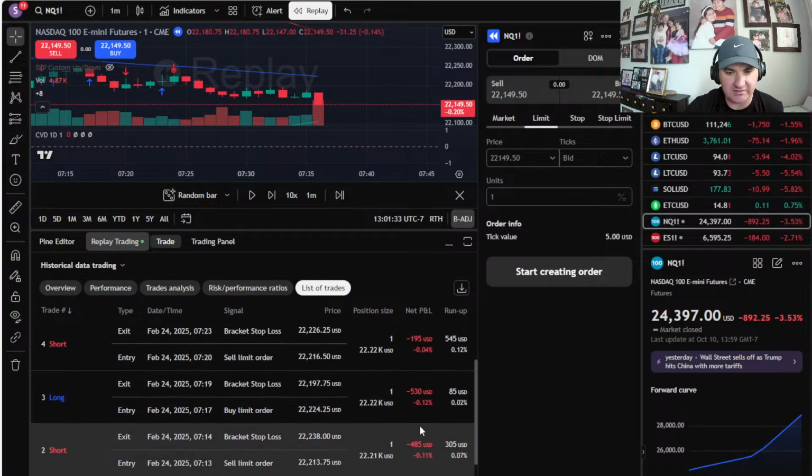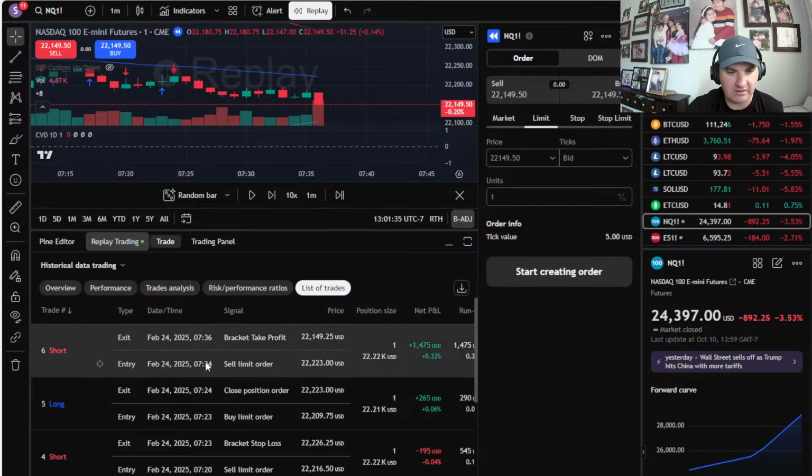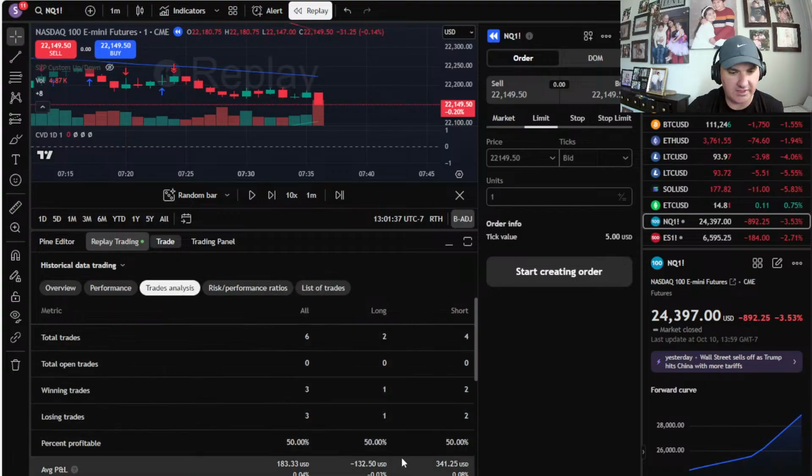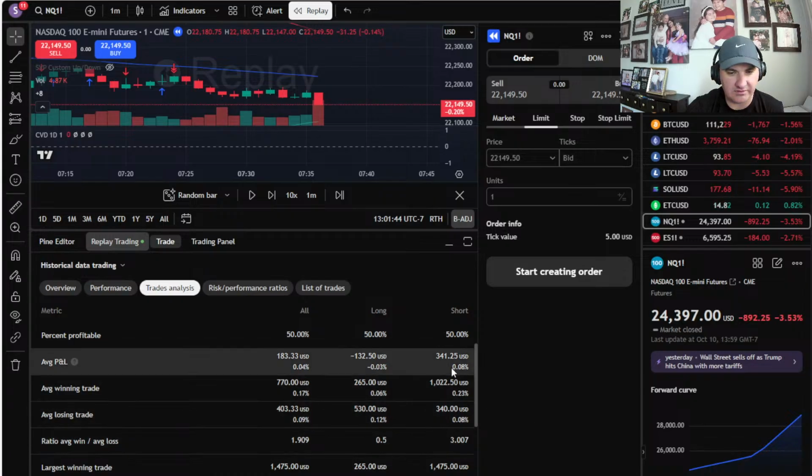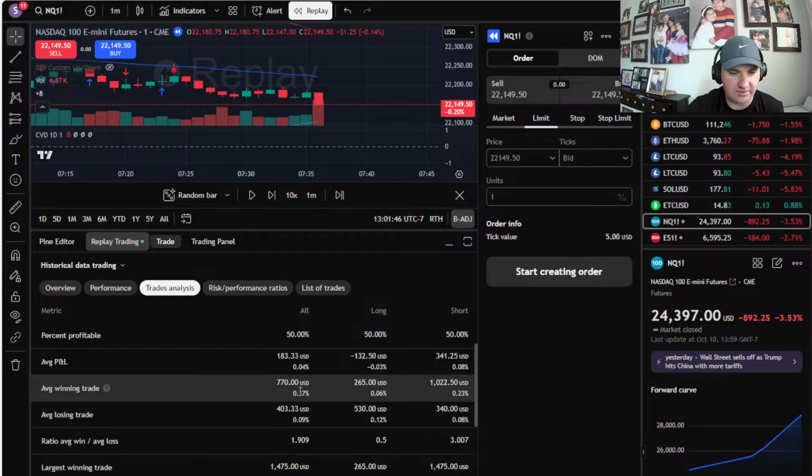But you can see my losses are small. If you go to trade analytics, average loss is about $400 between all of these. Average win though is 770.